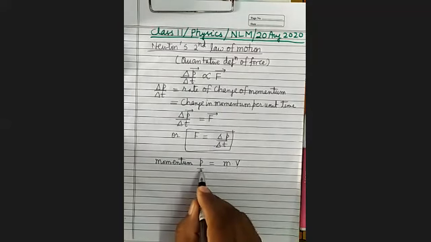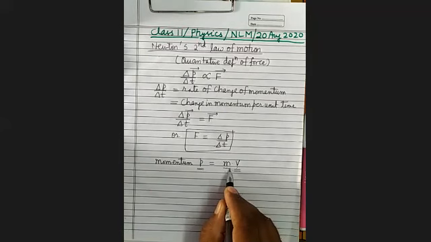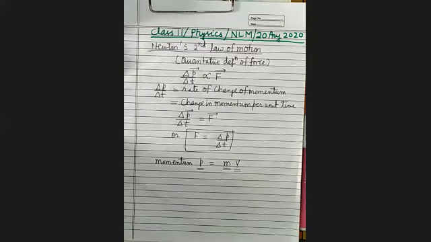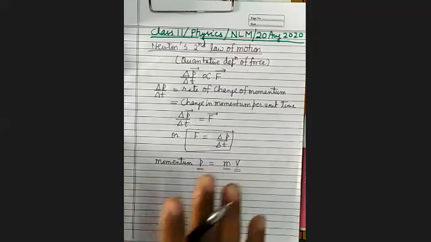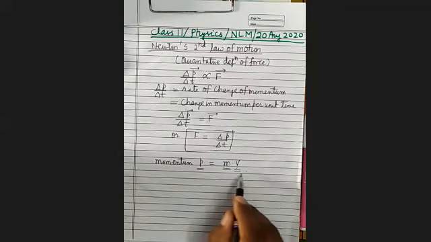Now it can change because of the change in velocity, and it can also change because of the change in mass. This I explained in the previous lecture. Have you watched that video? If you have not watched, I made one video especially on the change in momentum.